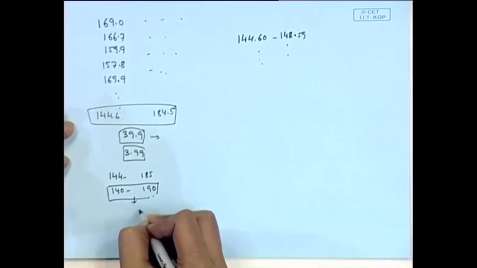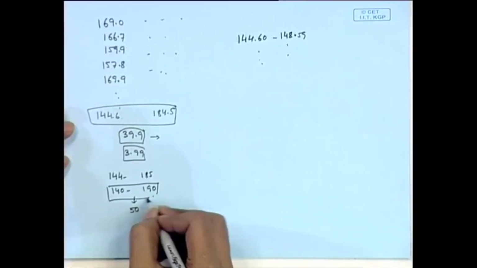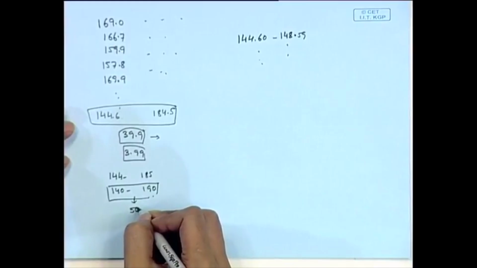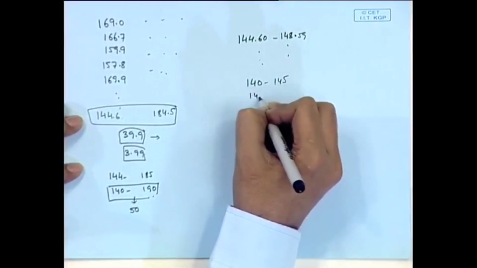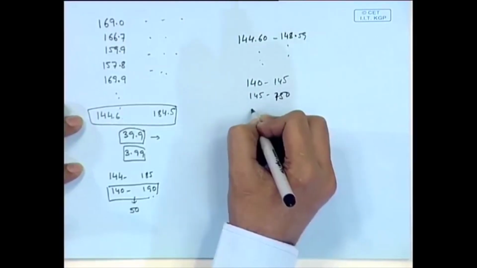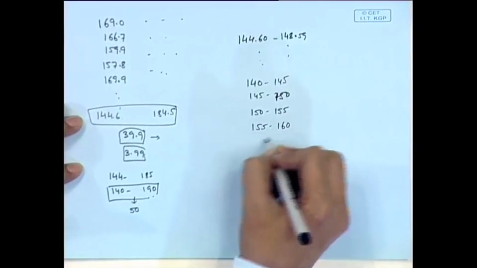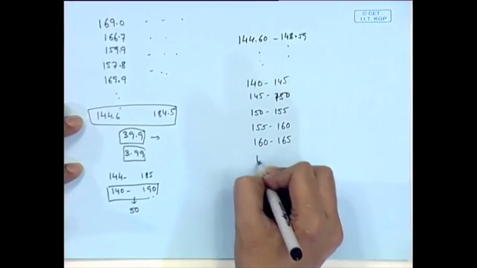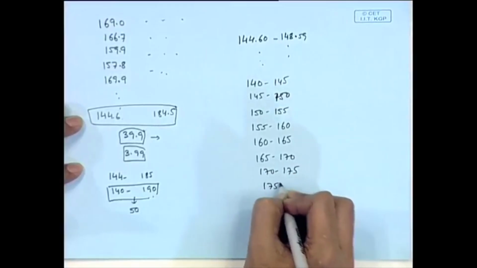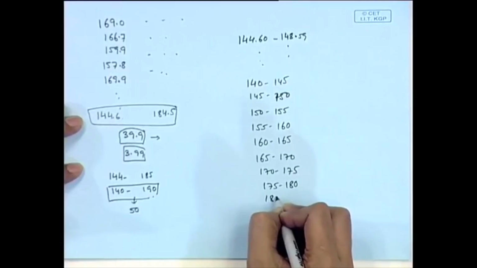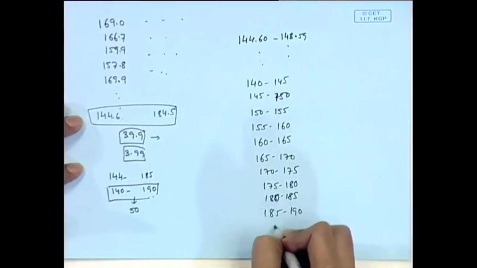So, the total length is 50 centimeter, and if we divide into, say, 10 intervals, then the intervals will be like 140 to 145, 145 to 150, 150 to 155, 155 to 160, 160 to 165, 165 to 170, 170 to 175, 175 to 180, 180 to 185, 185 to 190, and that is all.